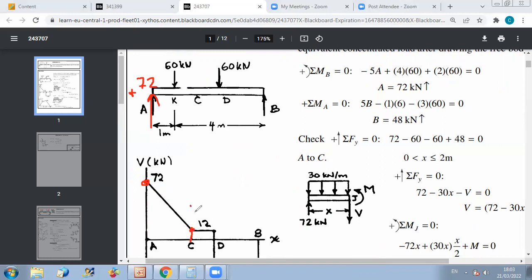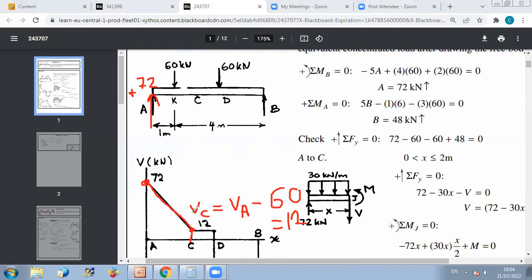V at C is V at A minus 60, because the change in V is equal to minus the area limited by omega and the axis. So it's VA minus 60, which is equal to 12. And then because you know it's a linear variation, all you have to do is join the 2 points to get the variation of V between A and C.